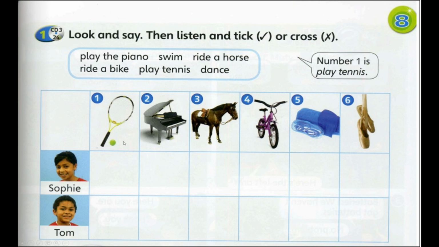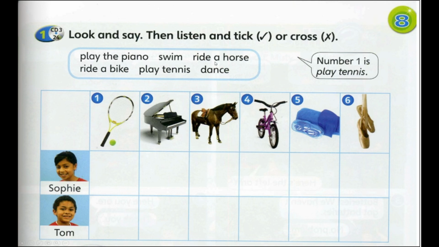As you can see the first picture here, which one should be the correct phrase for picture number 1? Good. Play tennis. Let's have a look at picture number 2. Good. Play the piano. And I'm sure this picture number 3, everybody knows what this is.